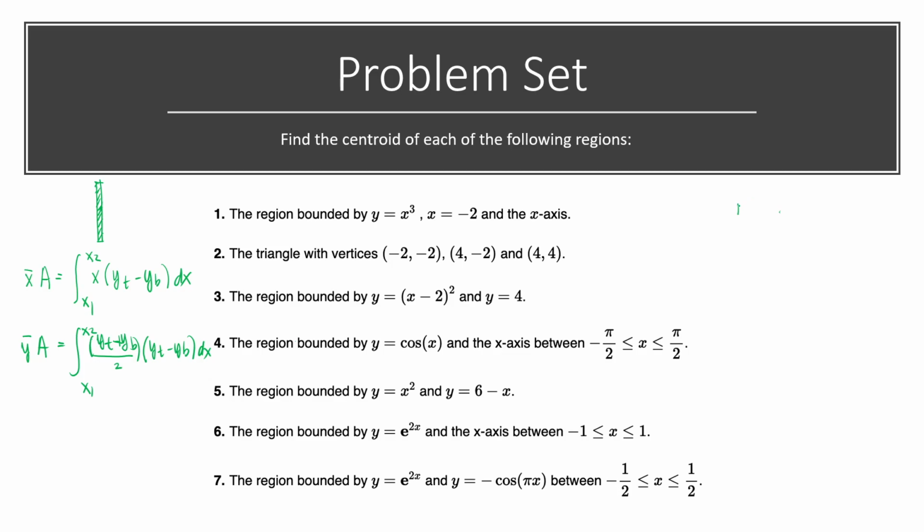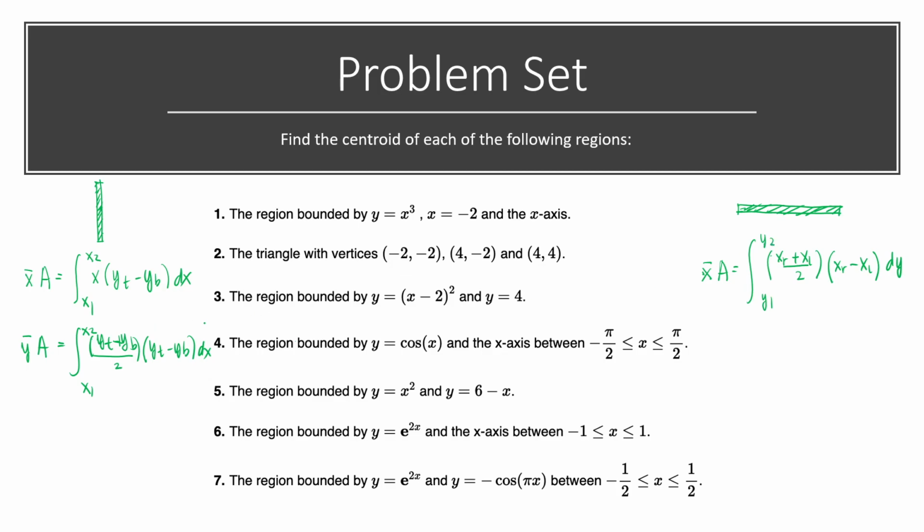For the horizontal strip, the summarized formula would be bar x times the area. So this one is now x right plus x left over 2, and then x right minus x left dy from y1 to y2.